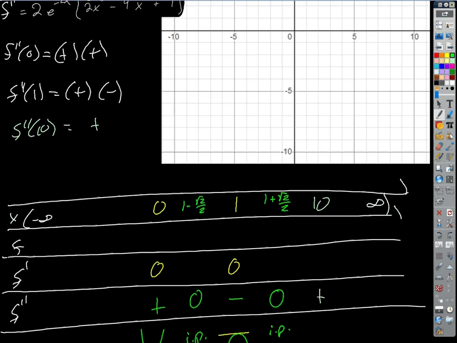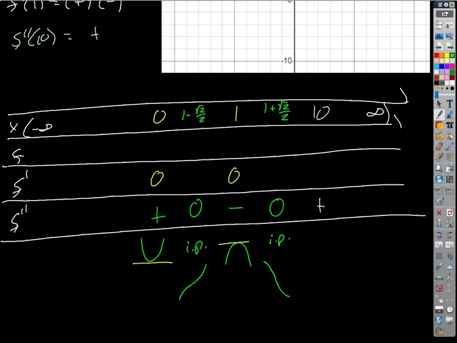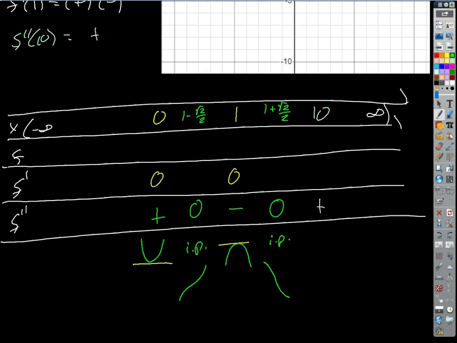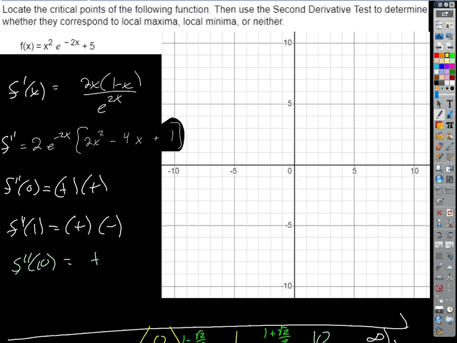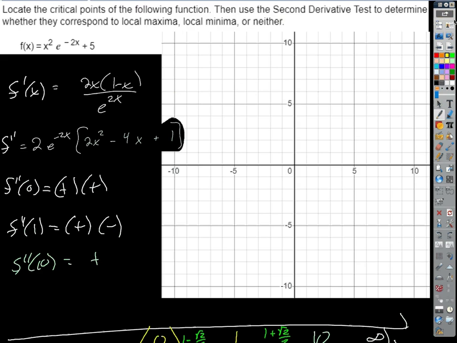To make things just a little tidier, we could plug in some values, like if we wanted to know, for example, the extrema. We had extrema here and here. We could just plug 0 into our function, because that's easy to do. What do we get if I plug 0 in? Just 5? Okay, so we get the point 0, 5, and if we plug 1 in, we're probably going to get something weird.